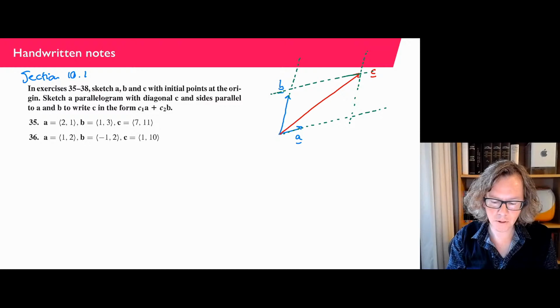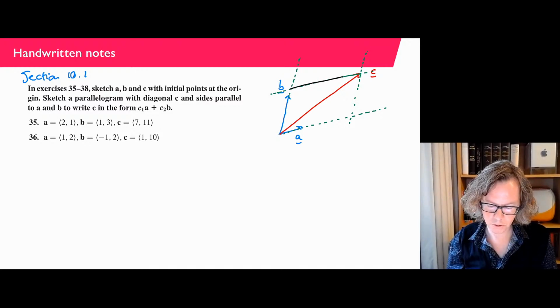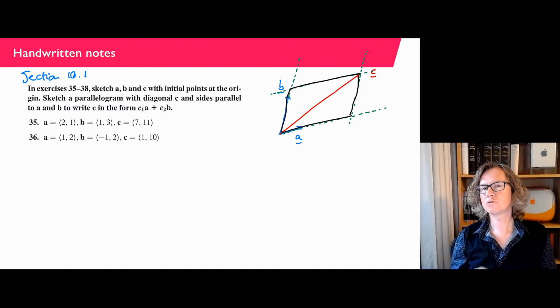And then the parallelogram that's meant in the question is the black one that I'm currently drawing.